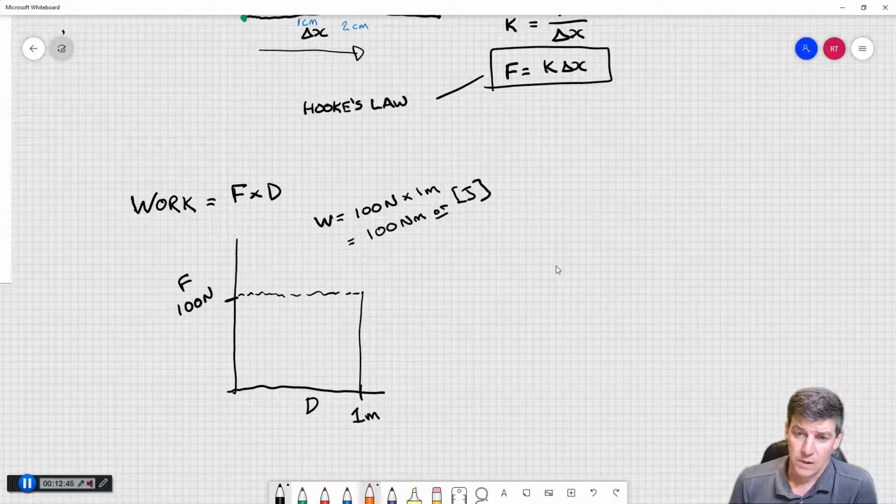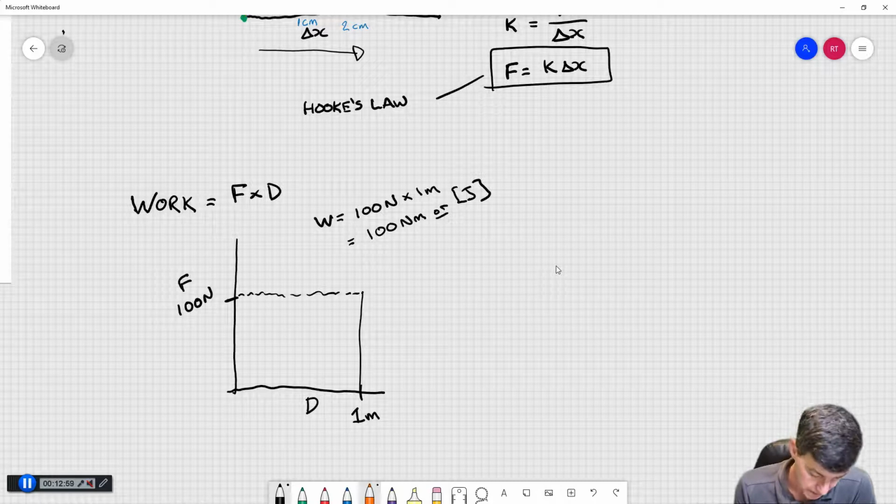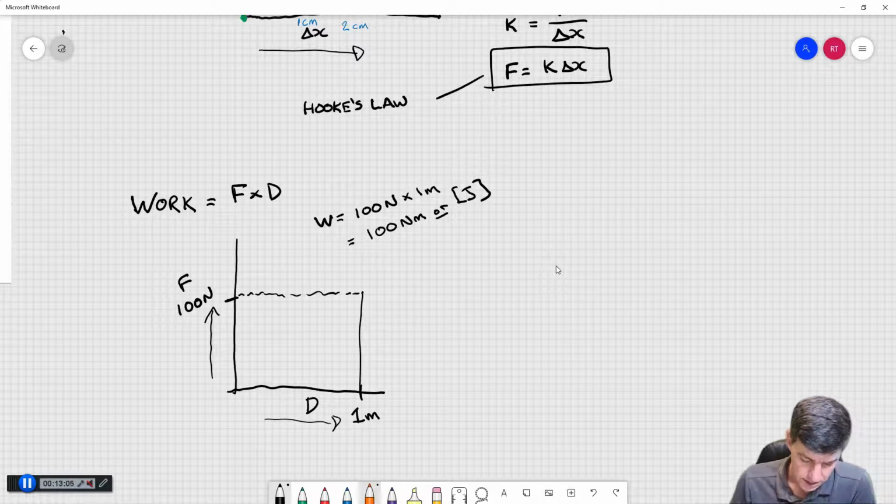Okay, so we could calculate work. One thing that's kind of interesting about this, where I graphed it, is that if I look at this equation, work is equal to 100 newtons times 1 meter, really what I'm doing is multiplying my 100 newtons by 1 meter.